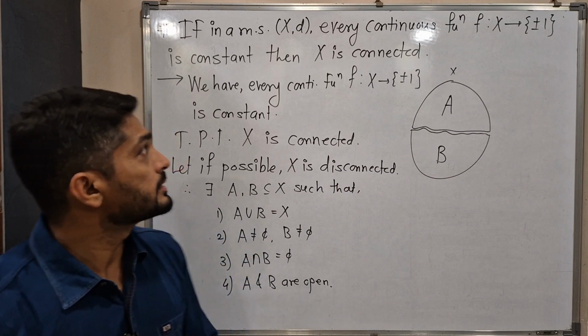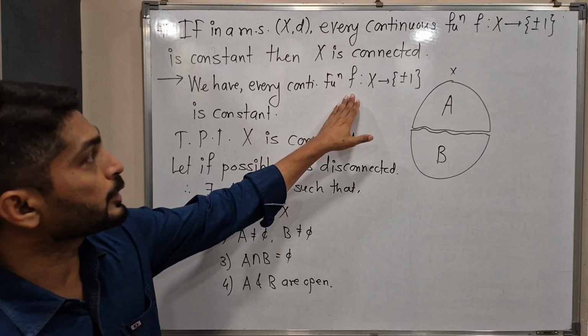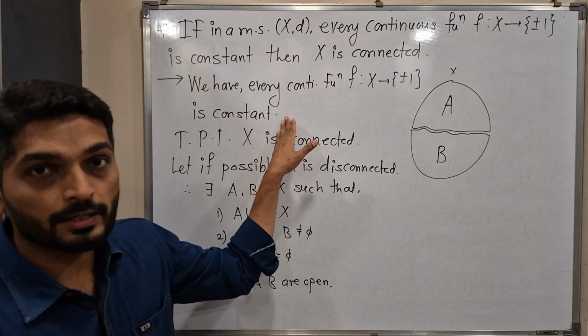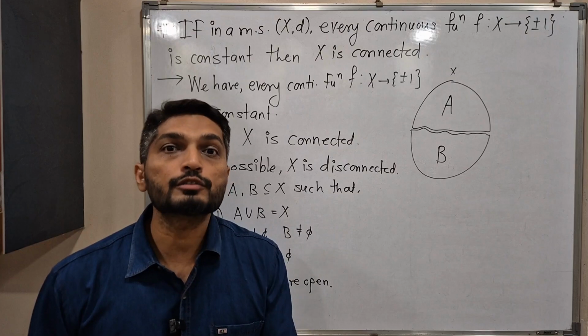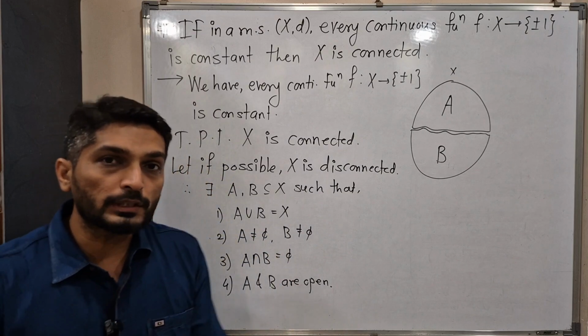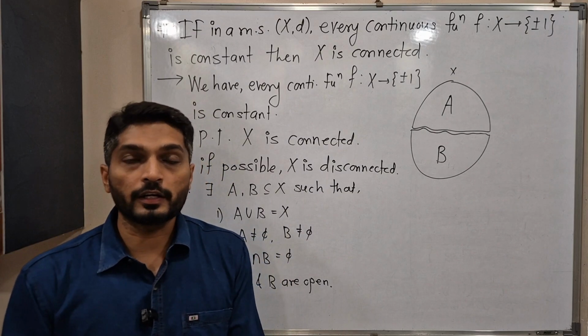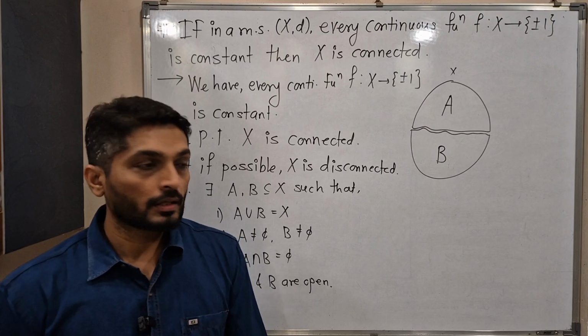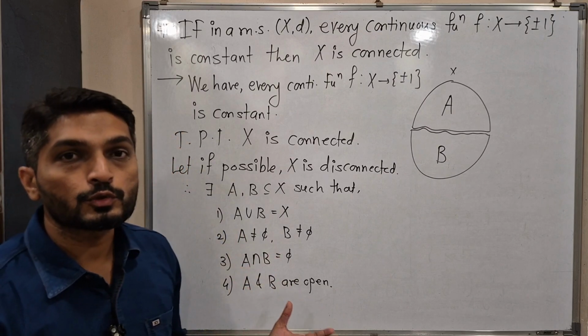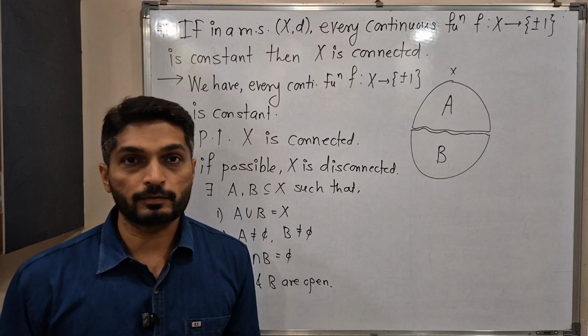See, the given thing is every continuous function from X to plus minus 1 is constant. That means the given fact talks about a continuous function, so here also we must have some function; then only we can use the given thing. They have not given any function here, so it's our duty to define one.